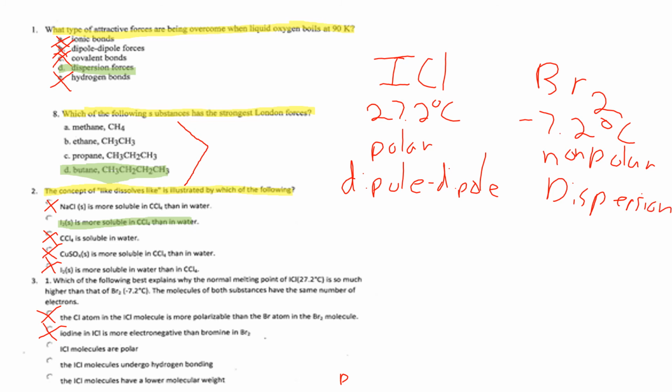So this statement, not only is it true, the ICl molecules are polar, but it also helps us in explaining why the melting points are so different. Don't just pick a true statement. Your true statement also has to mean something for addressing what you're trying to address. The ICl molecules are polar, and because they are polar, that's giving them a stronger intermolecular force than the Br2 molecules, which aren't. So right now we're leaning towards that choice.